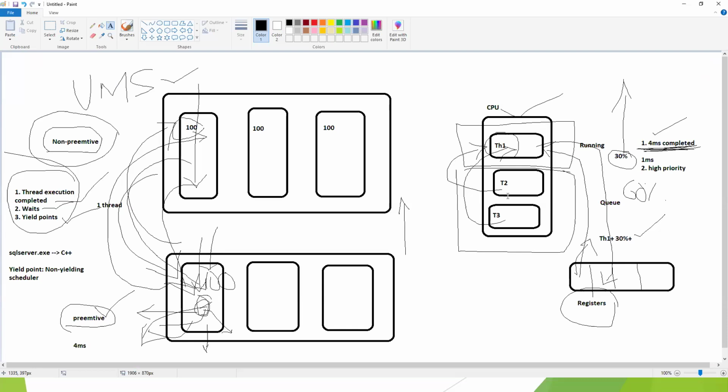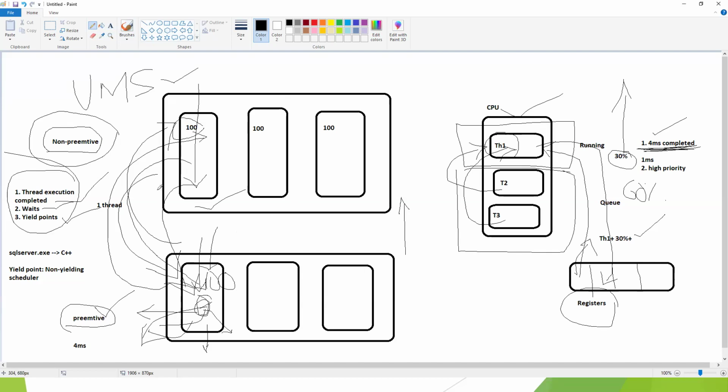But now we are controlling and managing it so that thread 1 will not come out in the preemptive case. After completing T1 only, T2 goes to preemptive. Unless T1 is completed, the other threads are not put in the queue in preemptive mode, right? Correct.